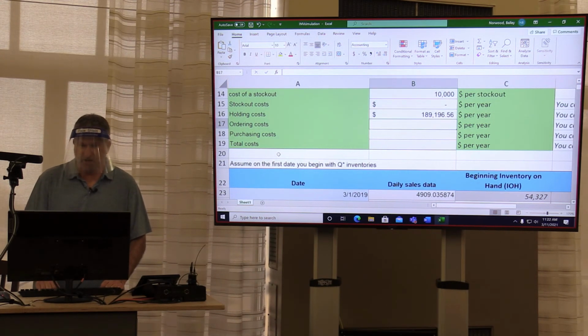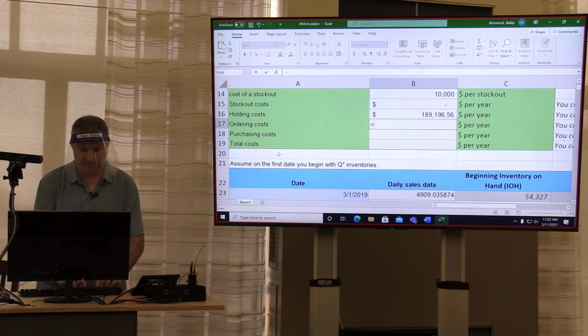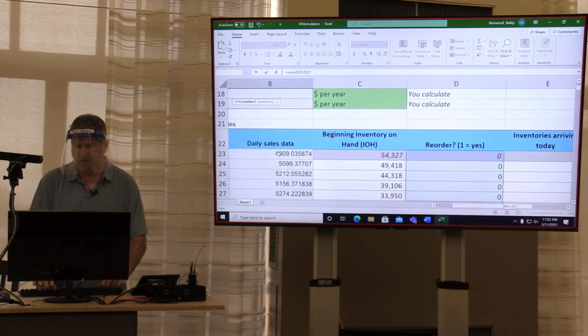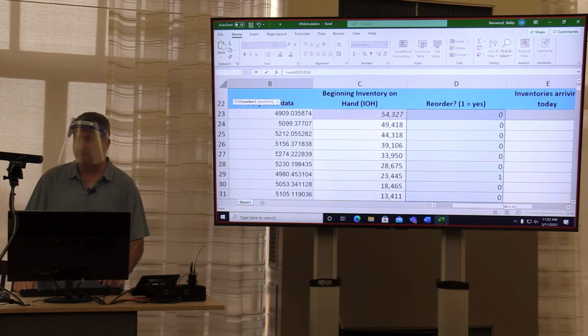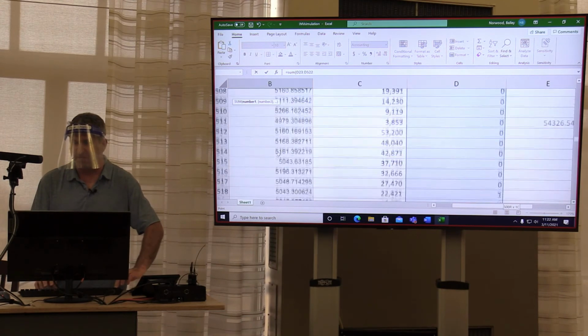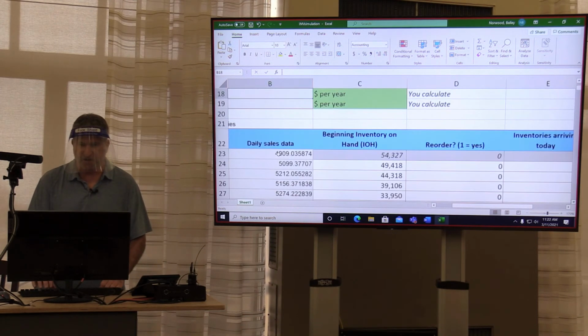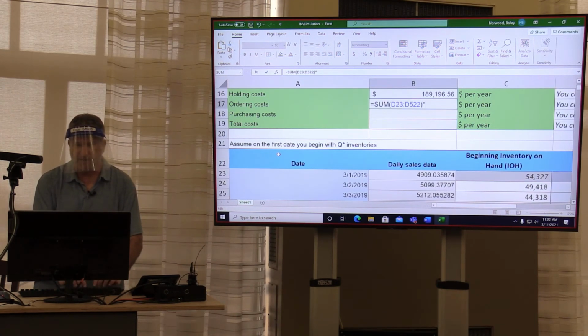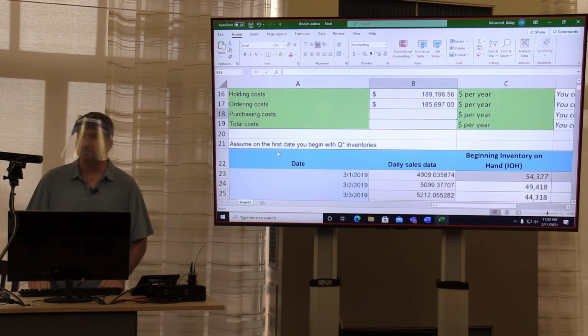Our ordering cost is just the number of orders times the cost of ordering. Well, fortunately, we have this, which tells us when we need to reorder, and it equals 1 whenever we reorder. So if I sum all those variables, that tells us the number of times we place an order. Here we place 47 orders, multiply it by the per order cost, and that's our ordering cost.